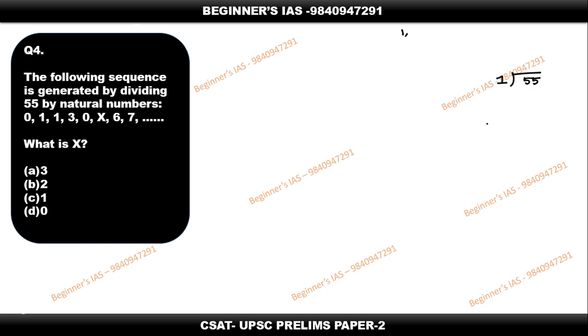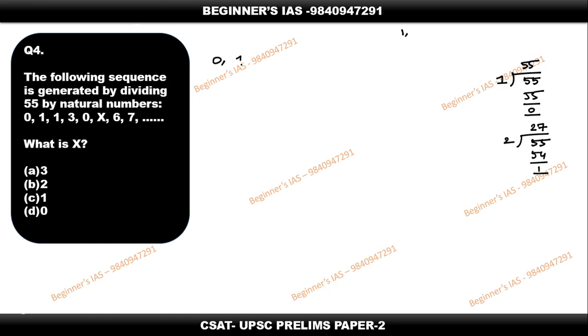Just start with 1 and divide. 1 into 55, therefore 55 leaves remainder 0. Therefore, its series pattern starts with 0. Okay, then I am going to check with the next one. 55 with 2: 27 twos are 54. It leaves remainder 1.